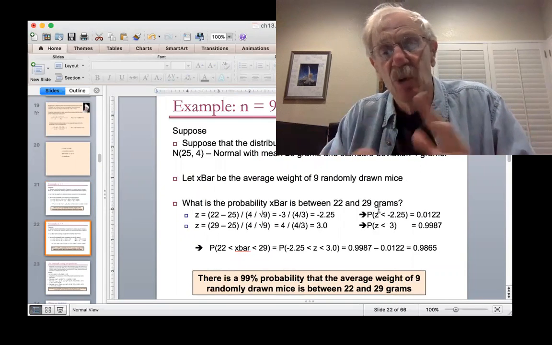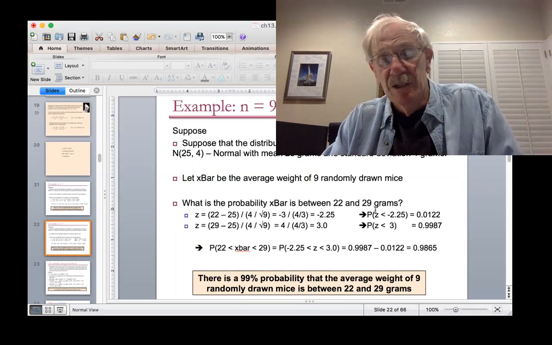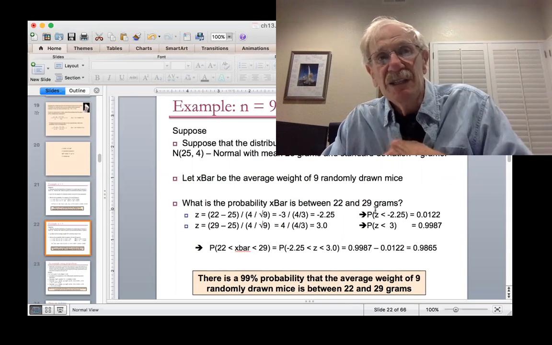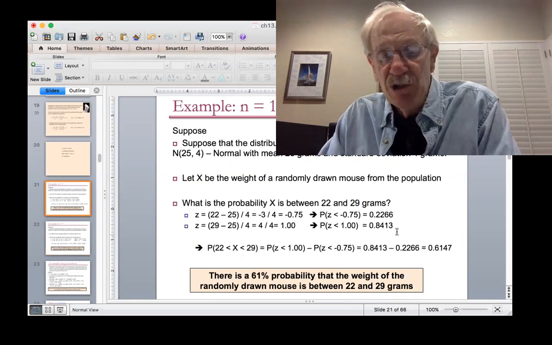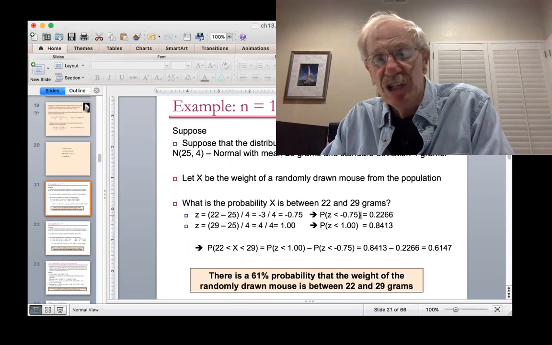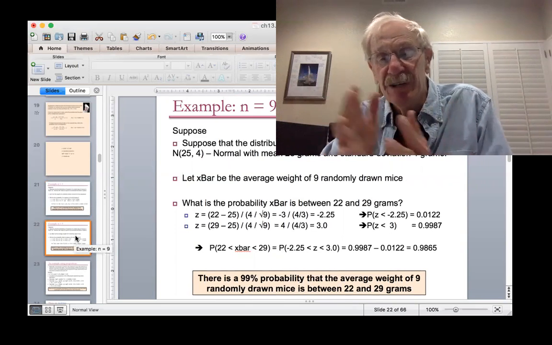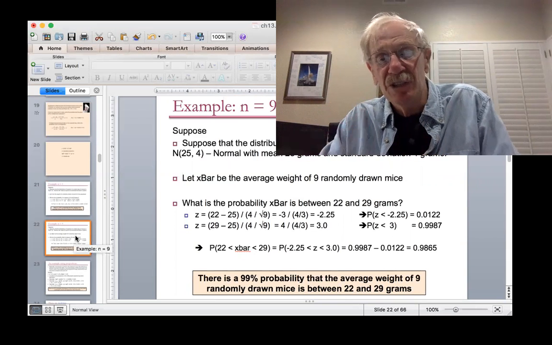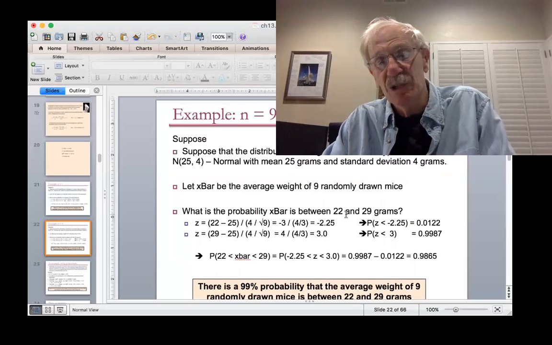So that's the point of all of this, is that your bigger sample size decreases the variation you're going to get. With a single mouse, I've only got a 61% chance that he's between 22 and 29. But with 9 mice, I've decreased the variation. The average will decrease the variation. And so now I have a 99% chance that the average weight's between 22 and 29.